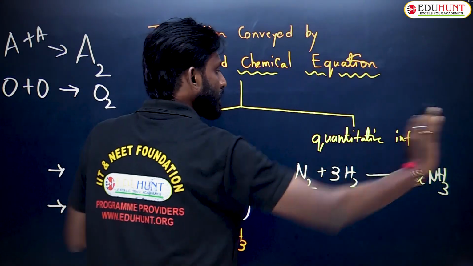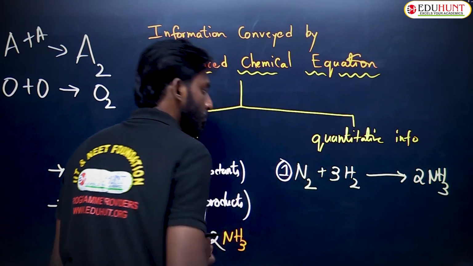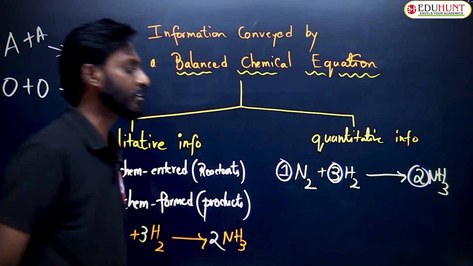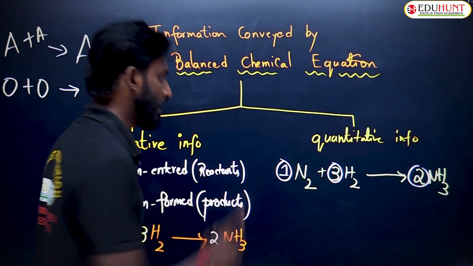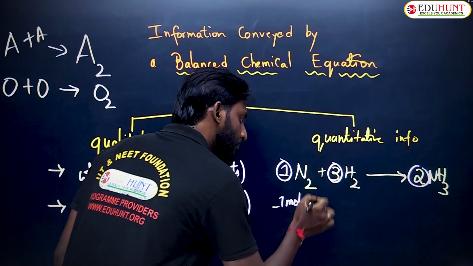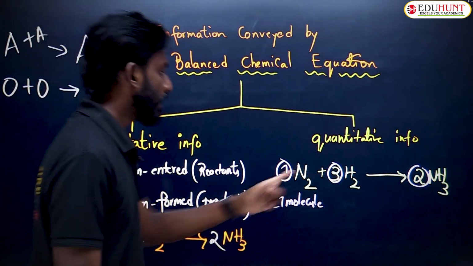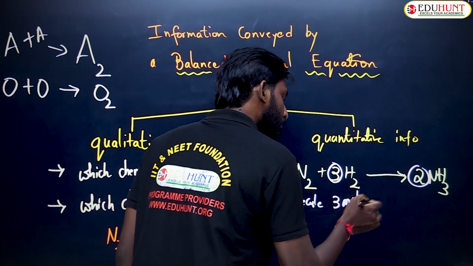It is having a quantitative significance also, because the coefficients will help you to do that. Here there is coefficient 1, coefficient 3, coefficient 2. What do these coefficients tell you? See, if you take one molecule of nitrogen, then it requires 3 molecules of hydrogen.